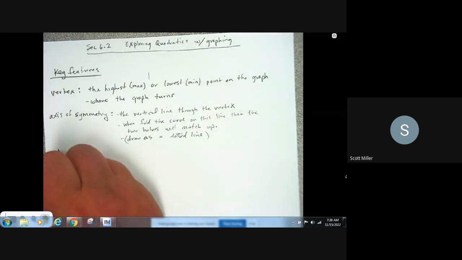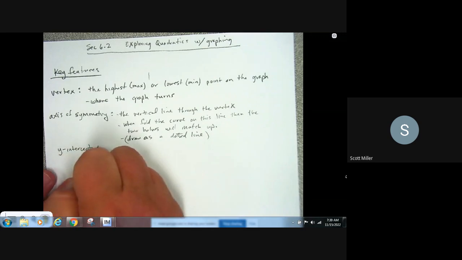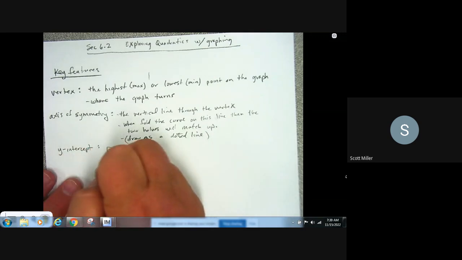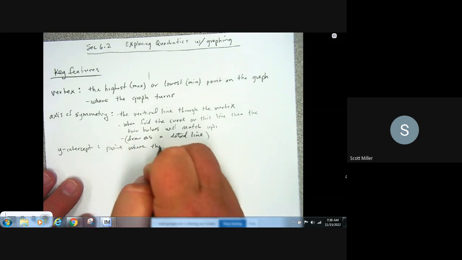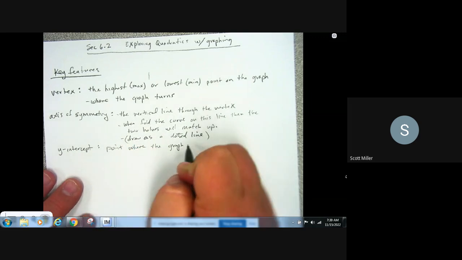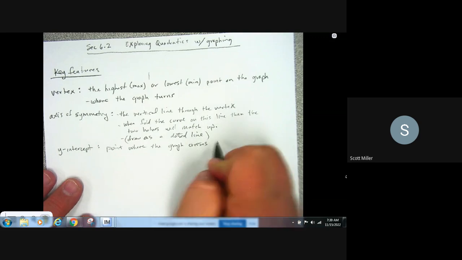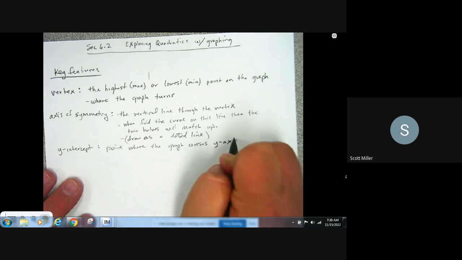Another key point that you want to look for is the y-intercept. What is the y-intercept? That's the point where the curve or graph crosses the y-axis.